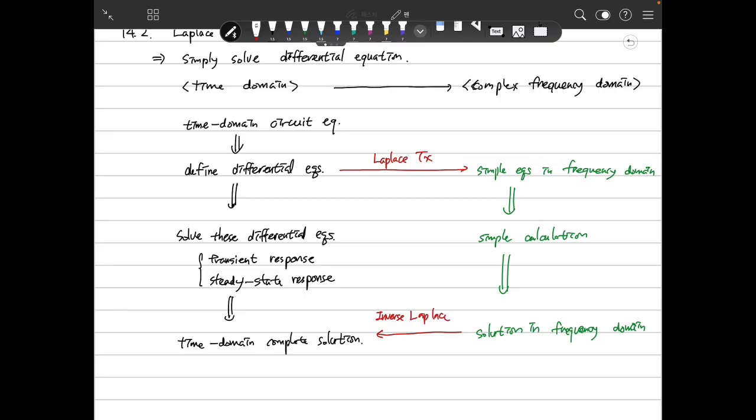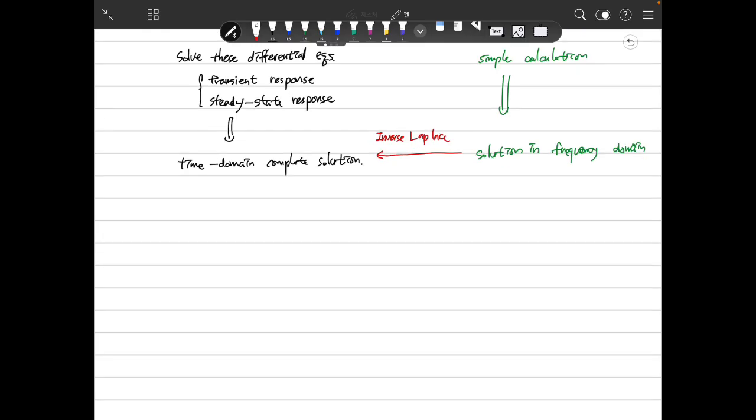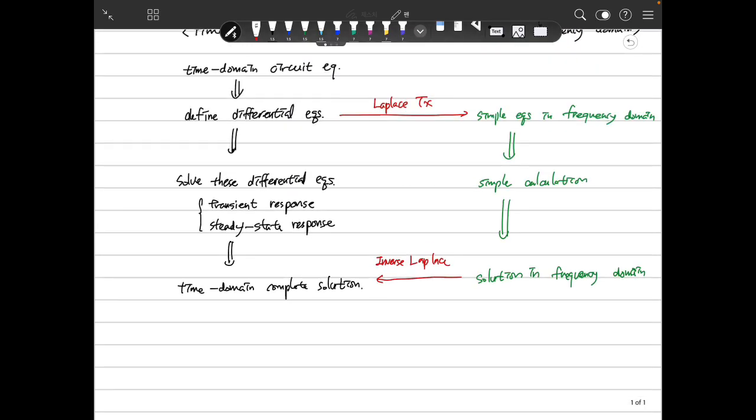So that's the reason we use the Laplace. To do this, we have to know the Laplace transform and inverse Laplace transform. So I will briefly introduce how to do the Laplace transform here.